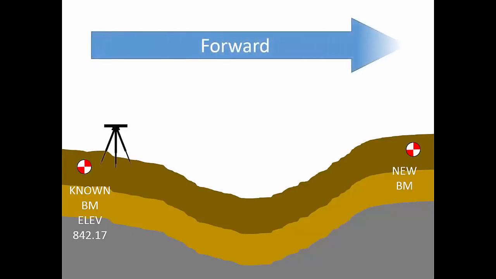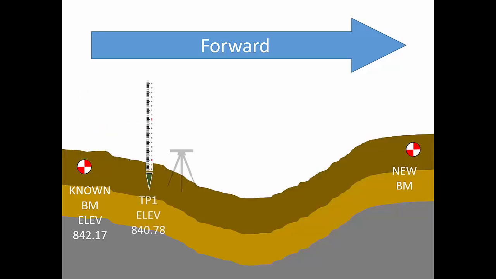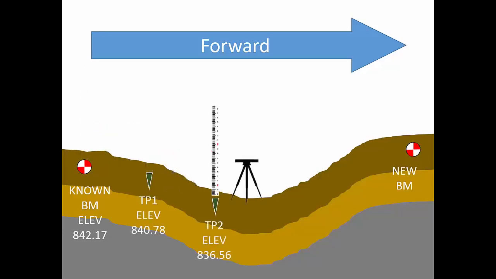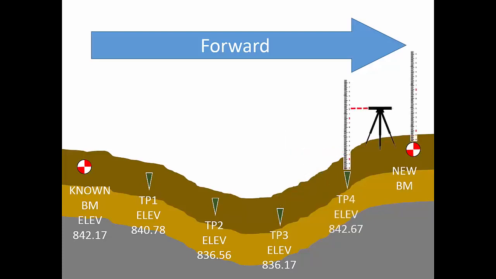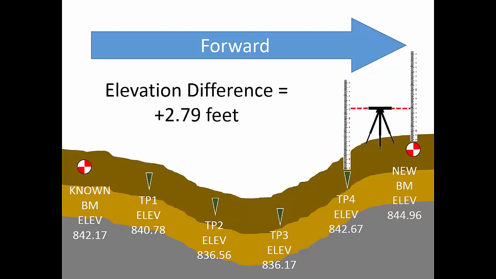The forward run in my benchmark circuit produced an elevation difference of positive 2.79 feet. Well, that value is positive because the new benchmark elevation on the right is higher than the starting elevation you see over here on the left.